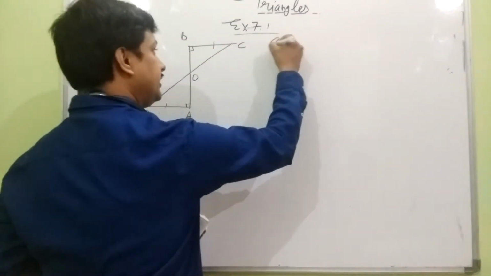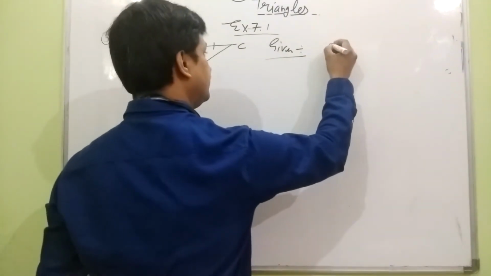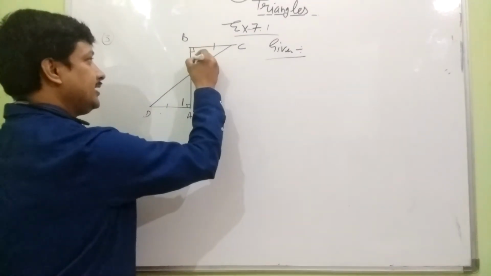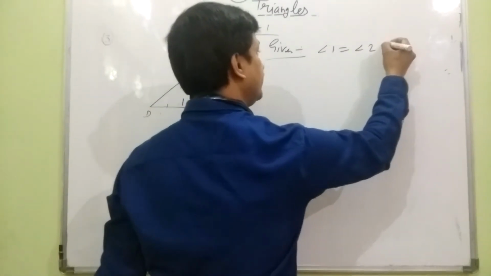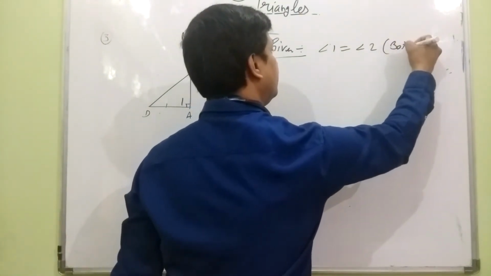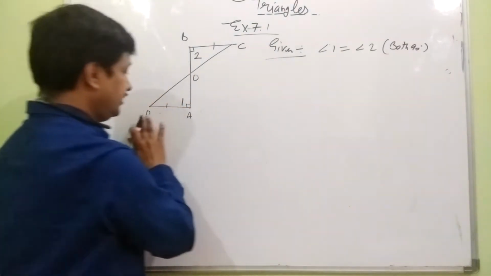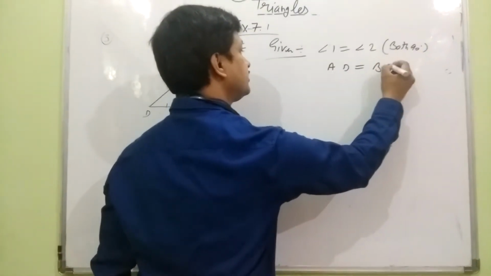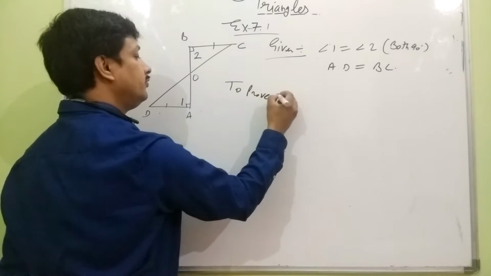So what are the things which are given to us? First, we can consider angle 1 and angle 2 for our convenience. We are given angle 1 equal to angle 2, both 90 degrees, and the other thing is AD equal to BC. It is also given to us. And what do we have to prove?